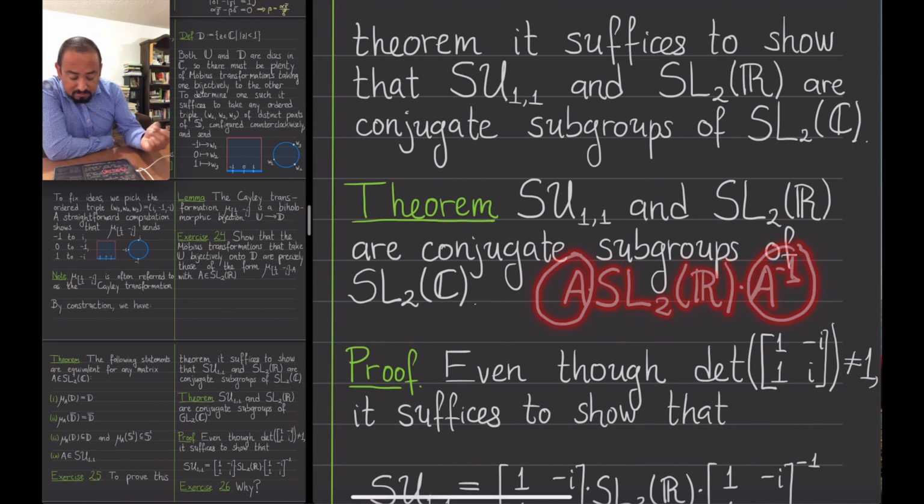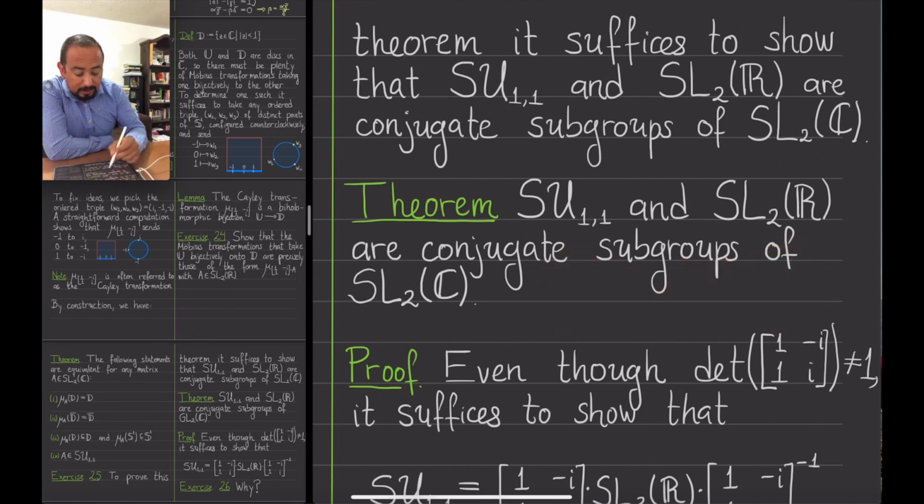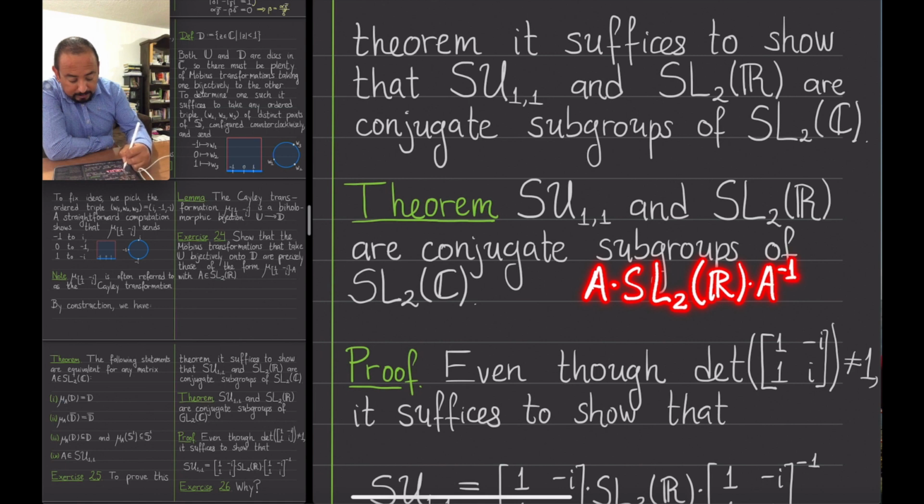So one can just take that conjugation and divide A by its determinant, and this doesn't change it. That's the point.